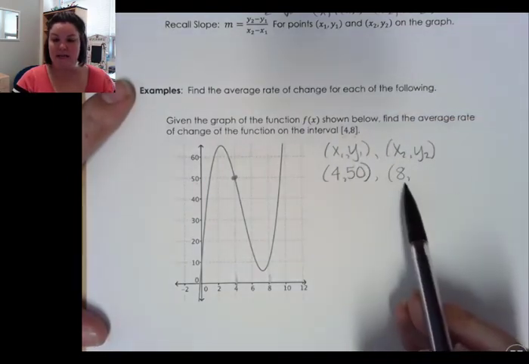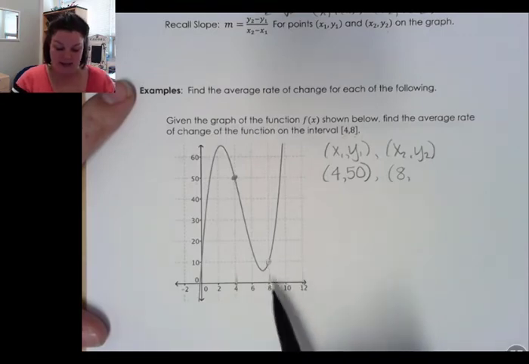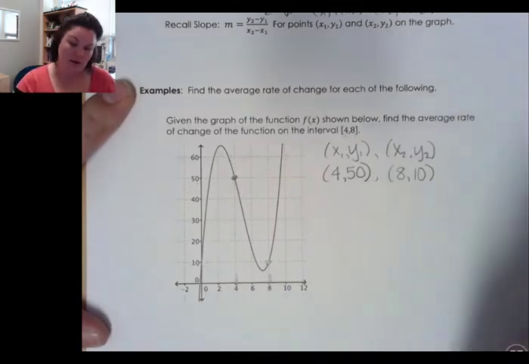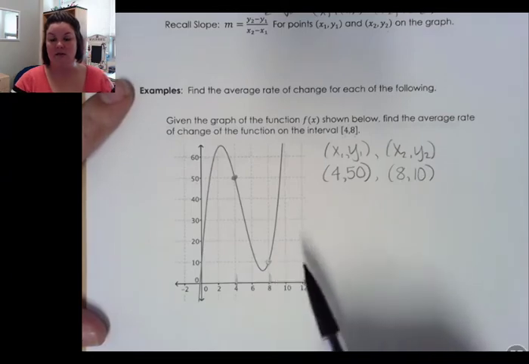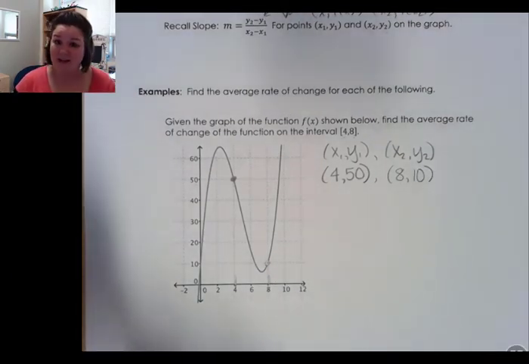Then I want to do the same thing with my second x value, which is at 8. I trace it up till it hits the point on my graph, which is at a positive 10. Okay, so that point would be the point 8, 10. So now that we have our 2 points, this is no different than calculating slope like we have in the past, right?